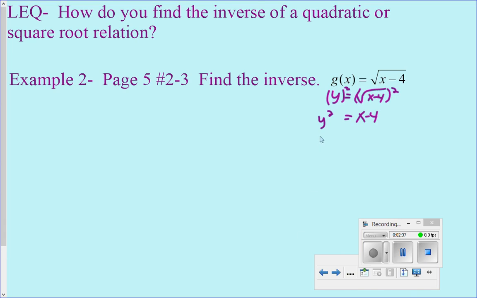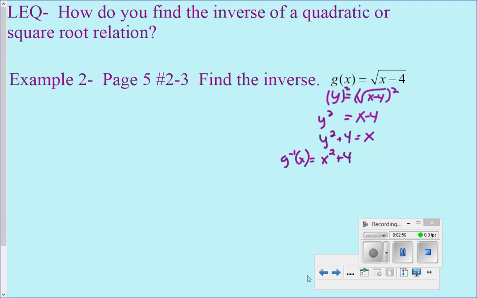And then add 4. And interchange x with y and rewrite that as g inverse of x. Okay. So that is our inverse.